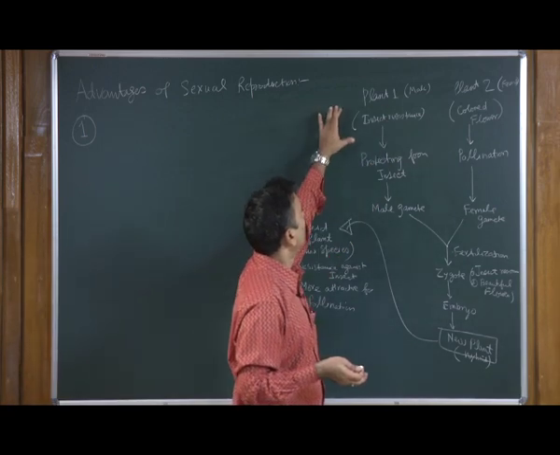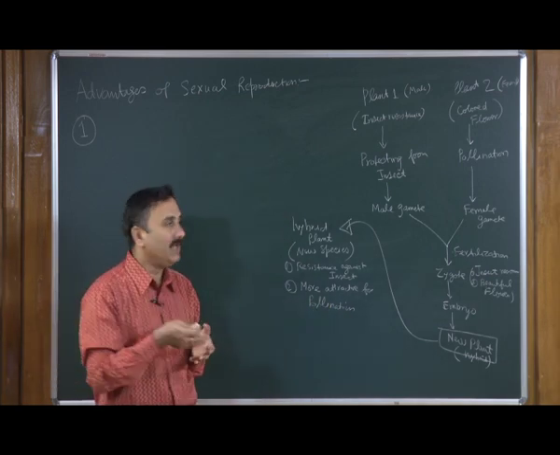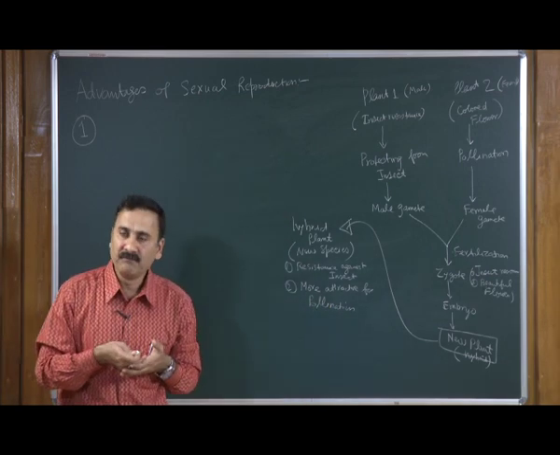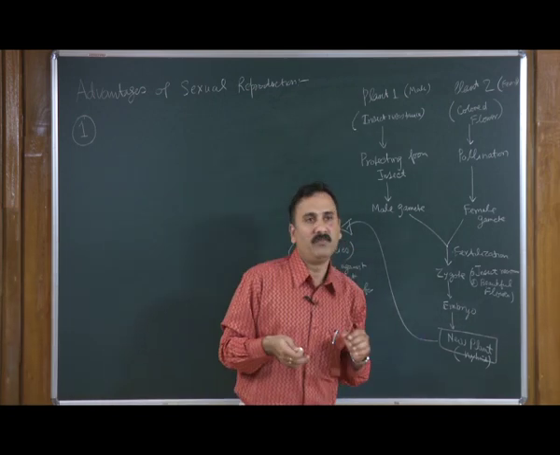For example, in this case plant 1 is insect resistant, but it is lacking a very beautiful colored flower. Because of that, the pollination of this particular species is going to be very low.